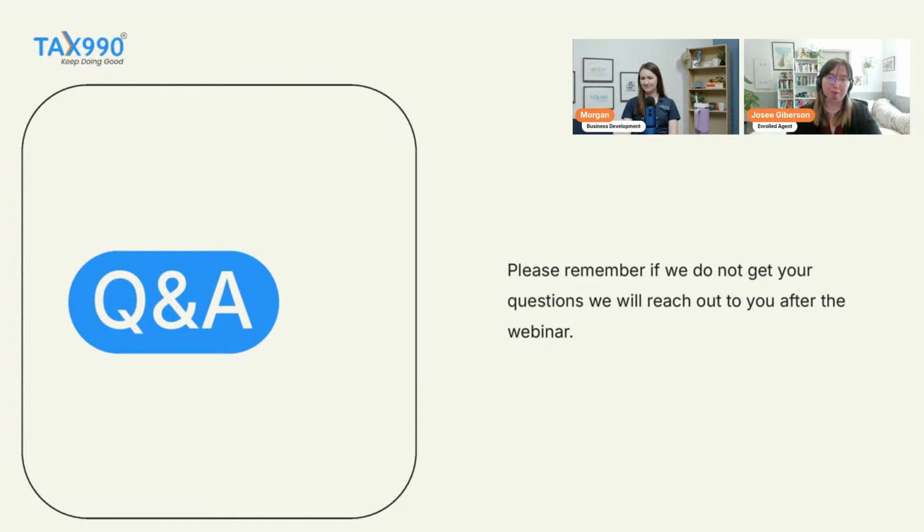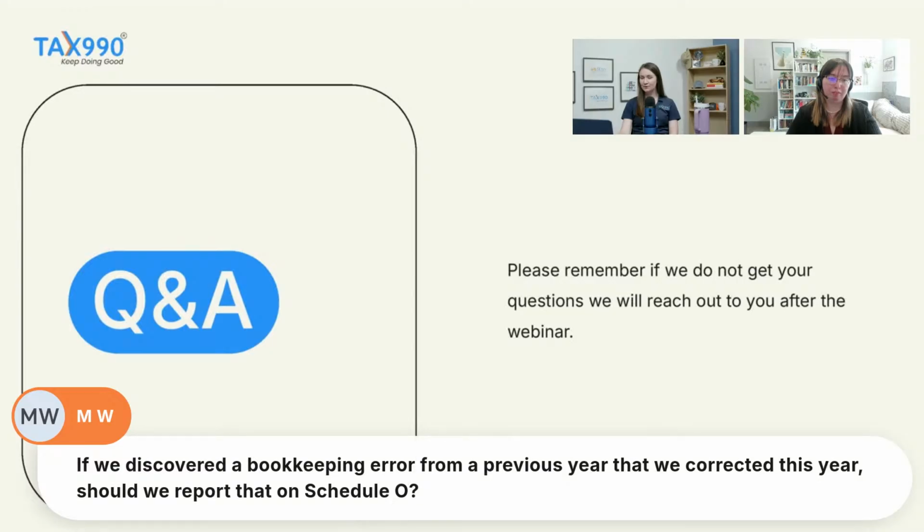Absolutely. All right, and we have one from MW again. It says, if we discovered a bookkeeping error from a previous year that we corrected this year, should we report that on Schedule O? I'm always a big fan of disclosing corrections. Just like we talked about earlier, that could be reported as a prior period adjustment that you put on the other changes to net assets section.